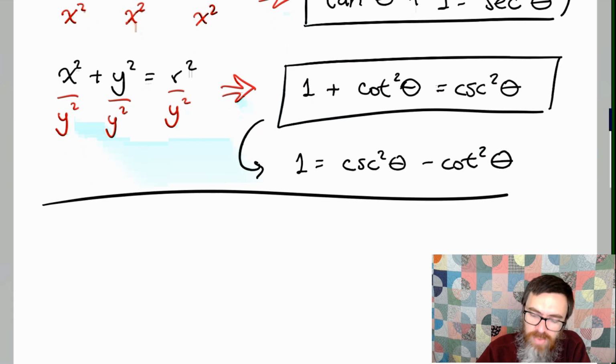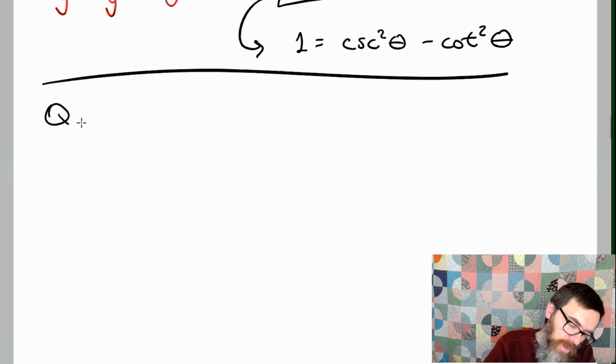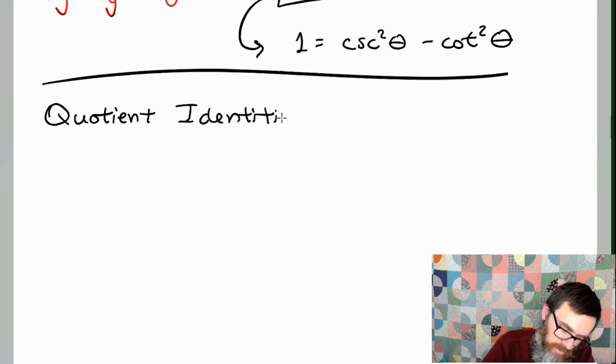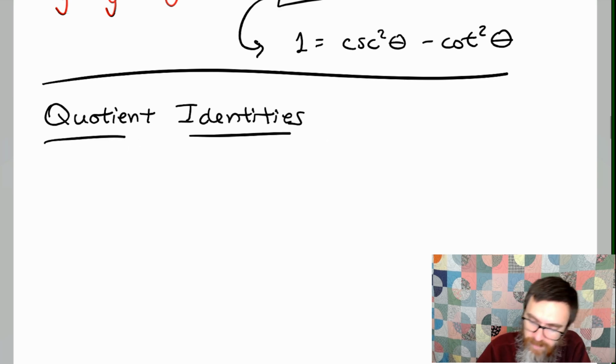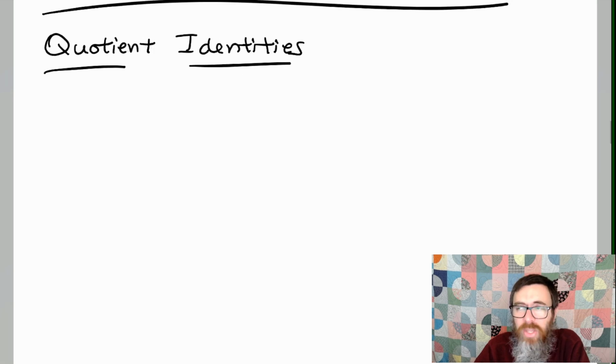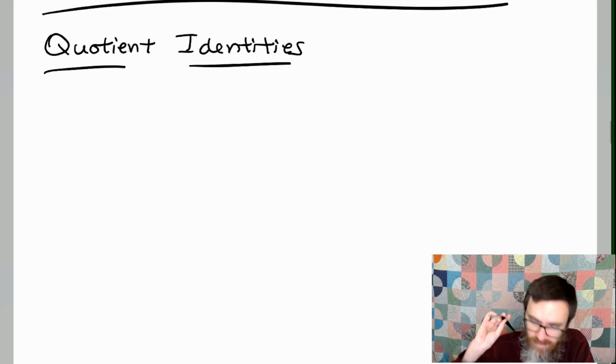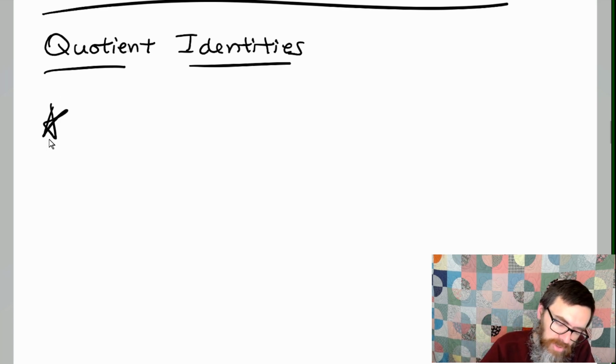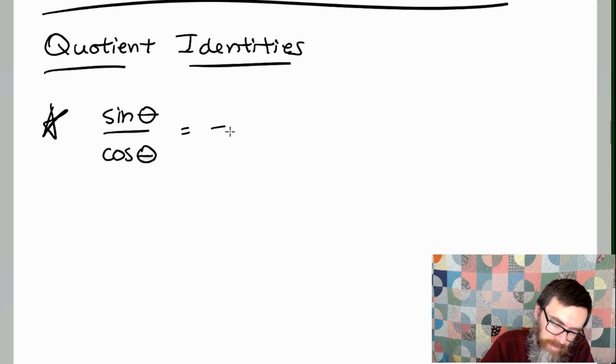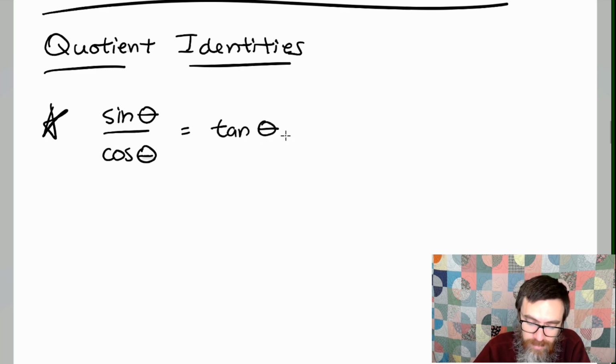All right, the other ones that we have here to learn are our quotient identities. And these are exactly what you would think they are. They are quotients. They are fractions, right? And here is the super big one we see all the time. Sine over cosine is equal to tangent.